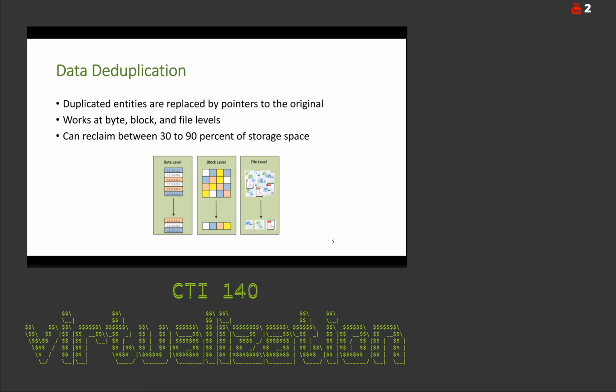Data deduplication is a strategy for efficient storage. It's similar to the page sharing that we talked about. So let me try to give you an example here that might help make things a bit clearer.